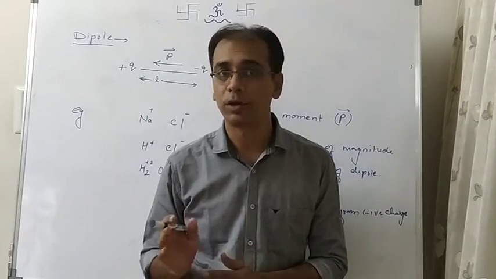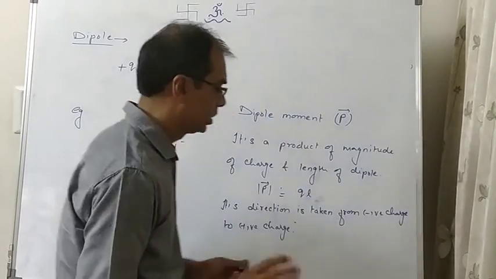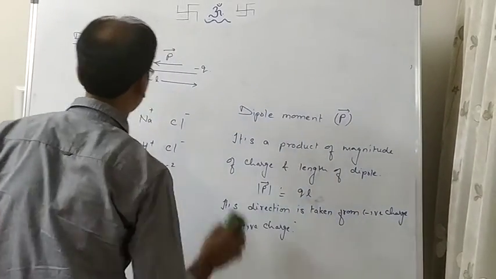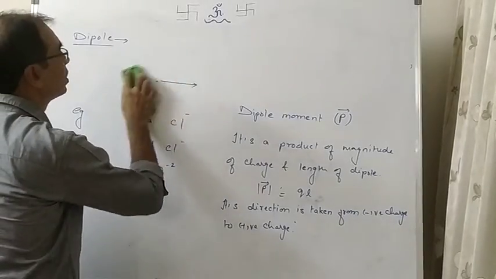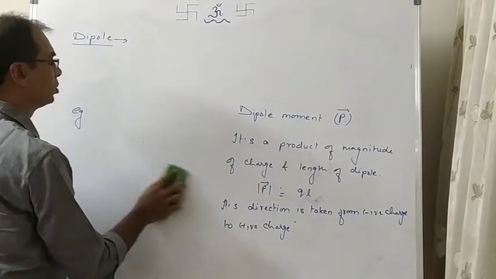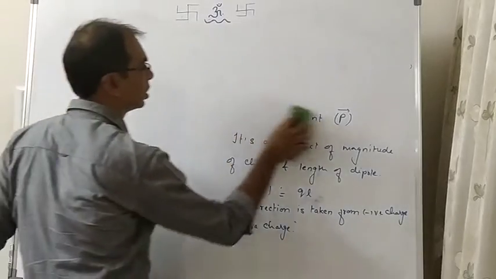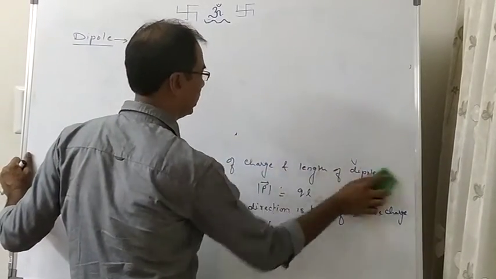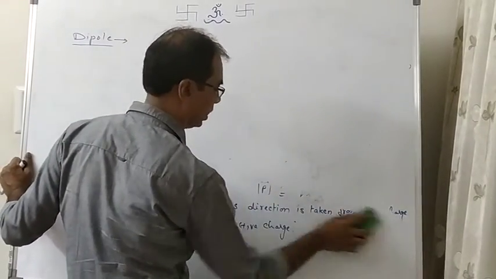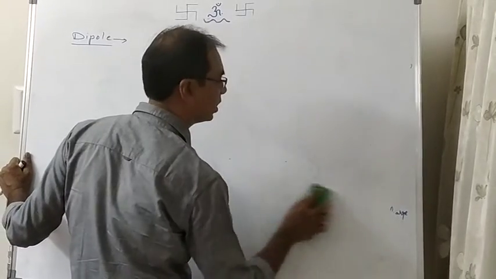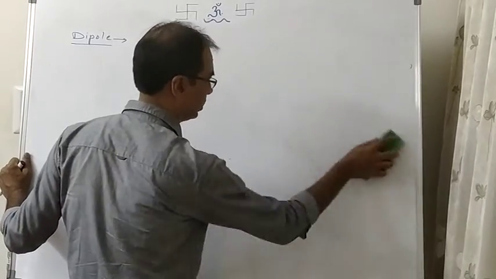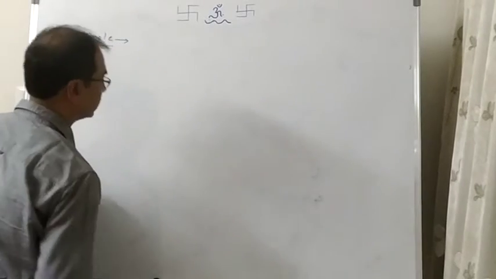Why we are studying that, I have already told you. Now it's a vector quantity, so normal questions on vectors we can solve for dipoles also. Correct or not? Suppose I give you a question like this.